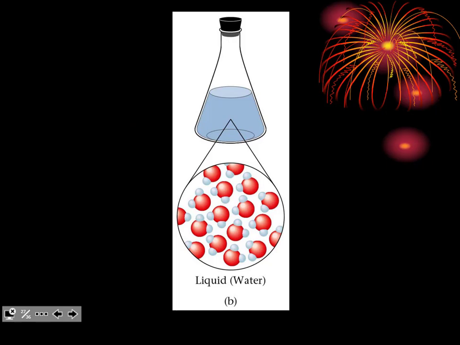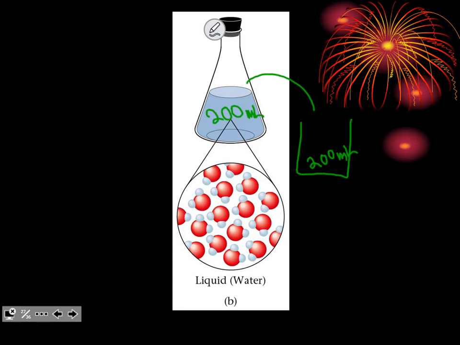So, example, let's say this is 200 milliliters. If I got 200 milliliters in this Erlenmeyer flask, and I pour that out into a cup, it's still 200 milliliters. That doesn't change.